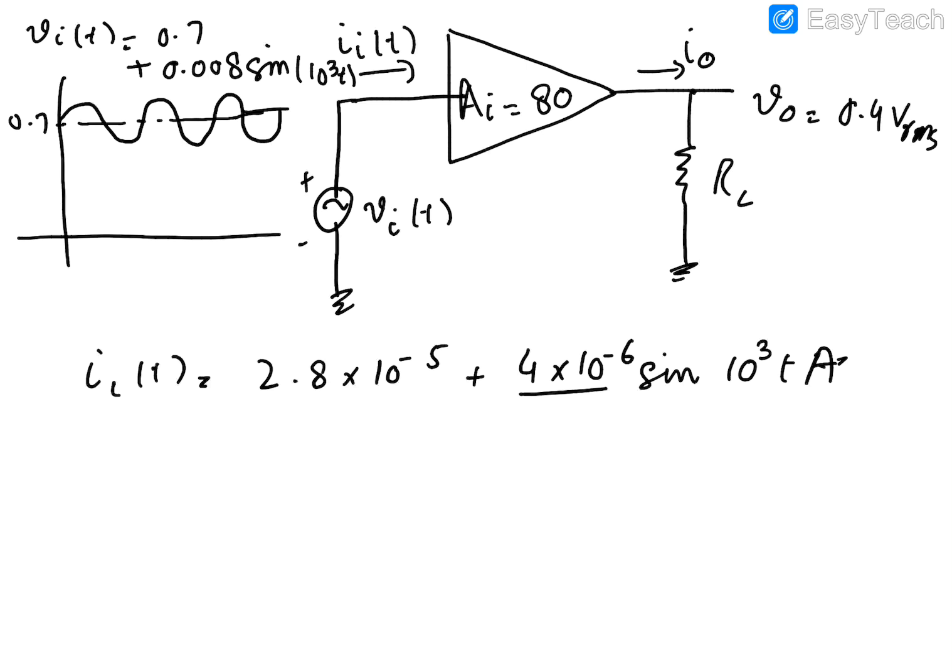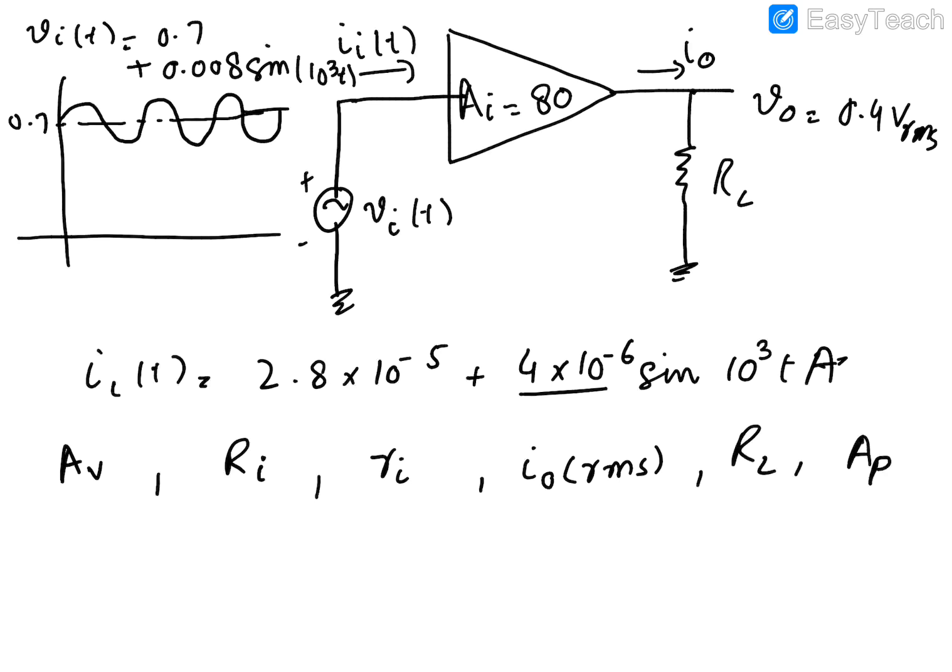And the AC output voltage is equal to 0.4 VRMS. So we have to find voltage gain, DC input resistance, AC input resistance, output current and or its RMS value, load voltage and power gain.